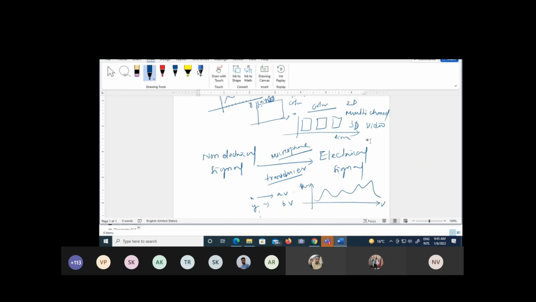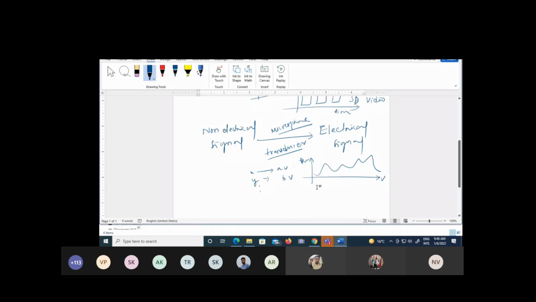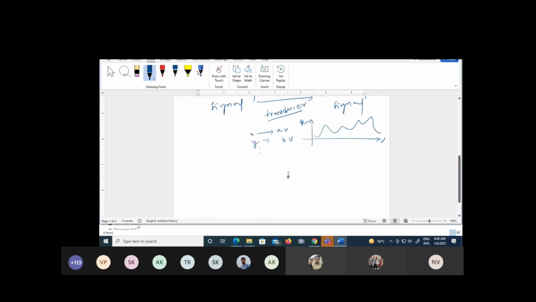So an image can also be a signal. We have to represent the signal in an electrical form, and after that we come to whether it is an analog signal or a digital signal. Analog means basically a continuous domain signal. If you are representing the signal continuously, it is an analog signal. And what is a digital signal?